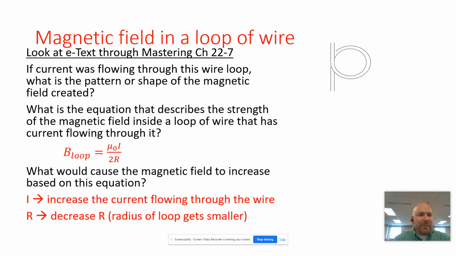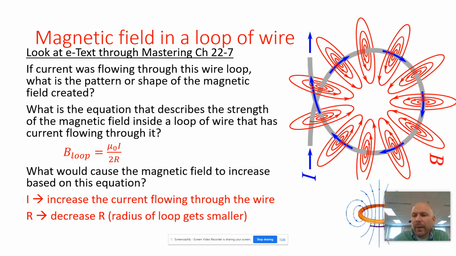All right. So if you had current going through a loop of wire, what would the magnetic field look like? It would look something a little like that.